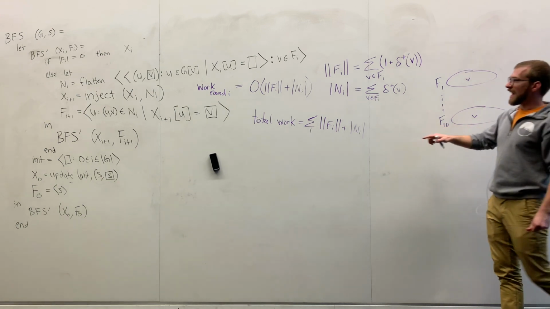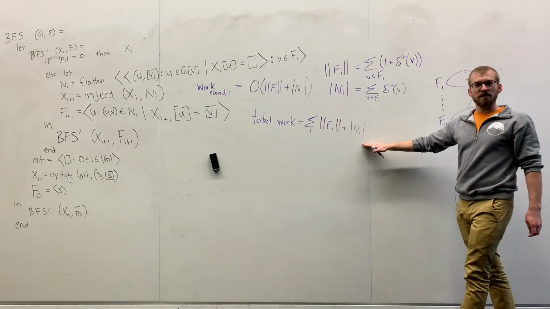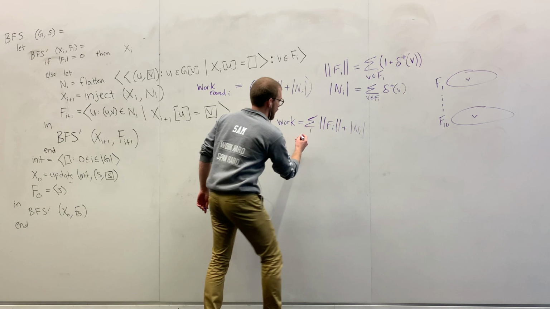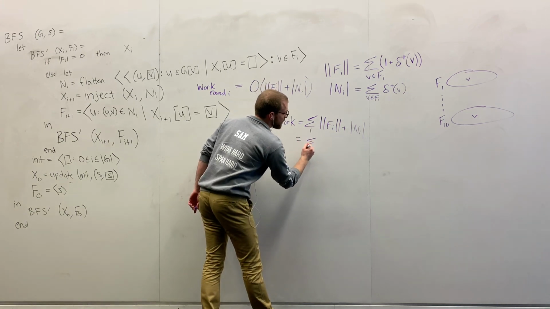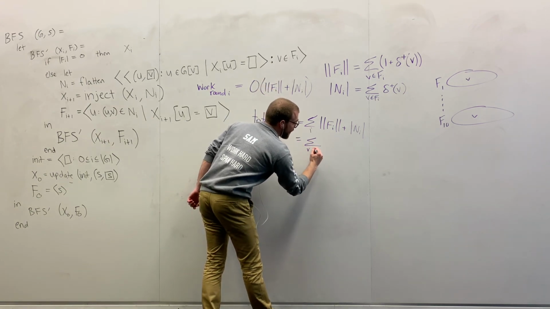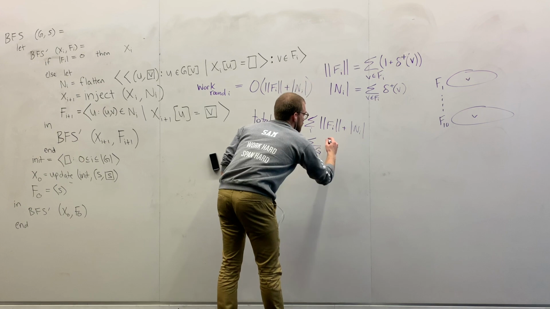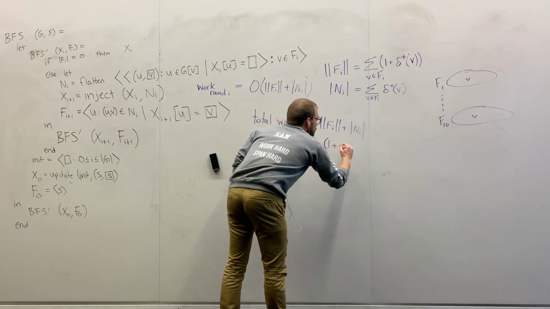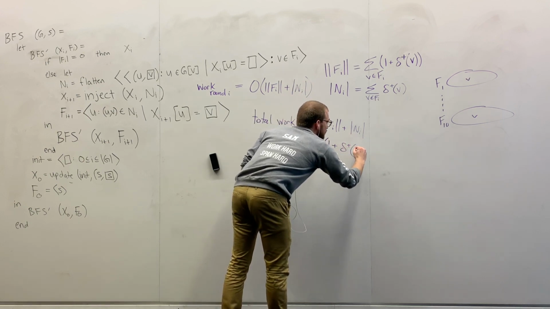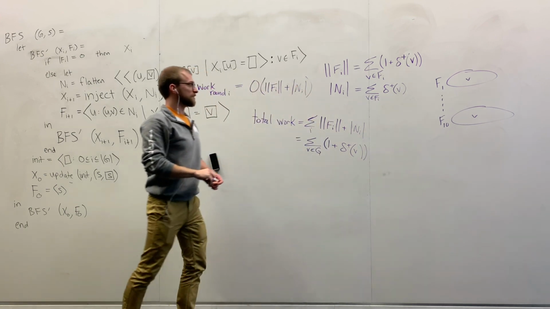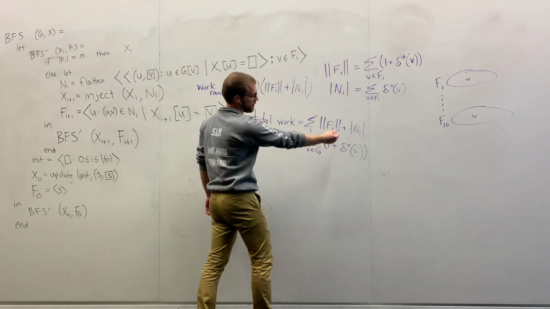So that means that we can actually rewrite this expression as a summation over all vertices in the graph of 1 plus the degree of that vertex, where I'm double counting here.